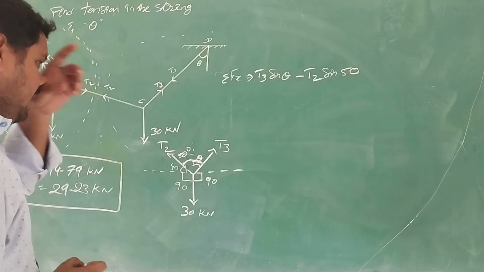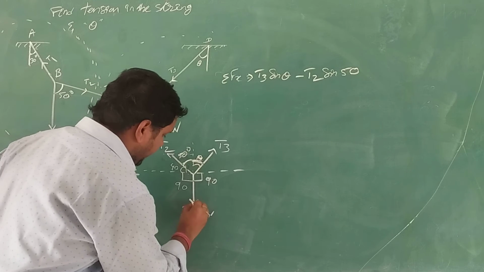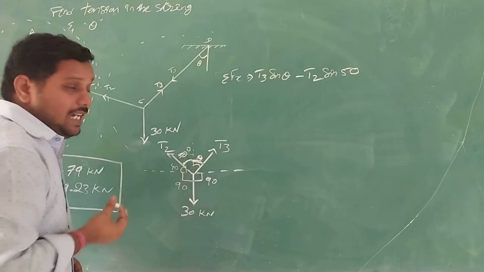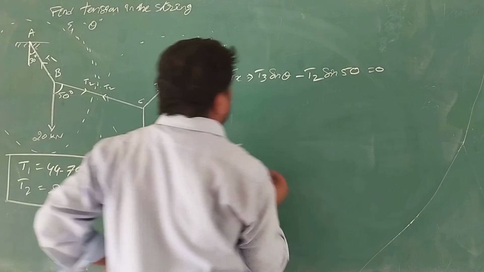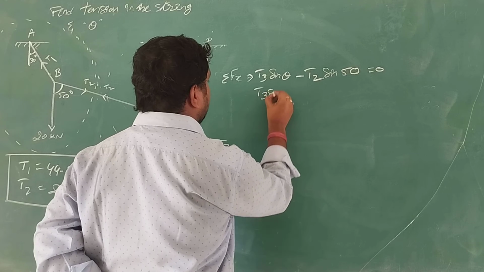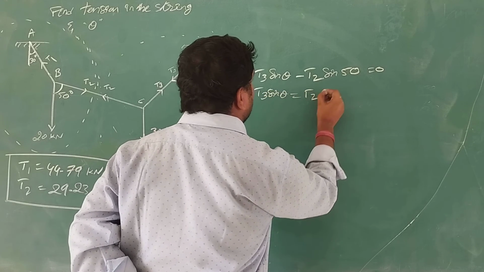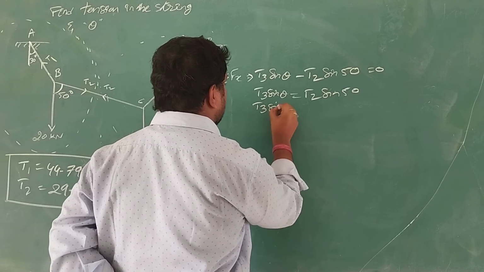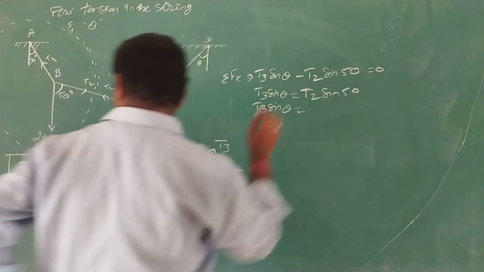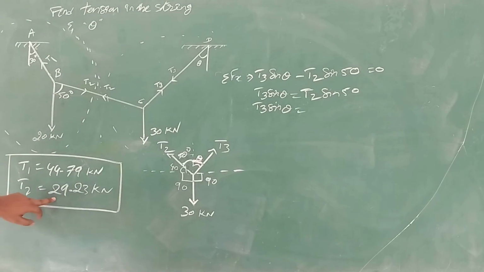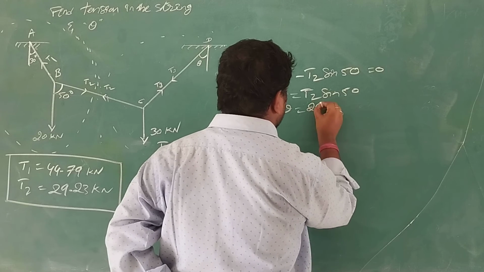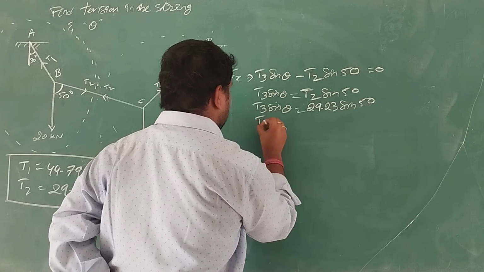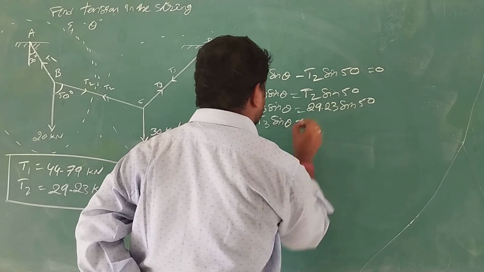Since this is perfectly vertical downward, there will be no effect on the x-axis, equals 0. It means that T3 sin theta is equal to T2 sin 50. What is T2 value here? We got 29.23. So 29.23 sin 50. So T3 sin theta is equal to how much?